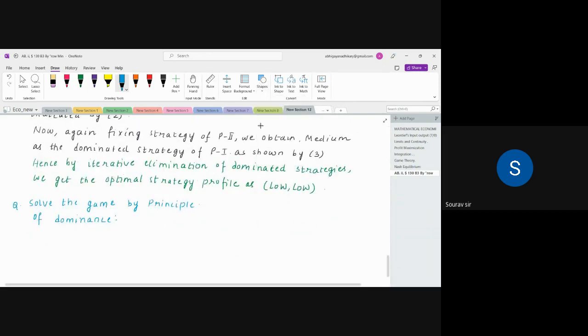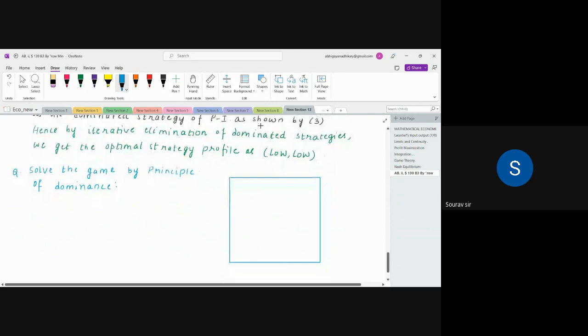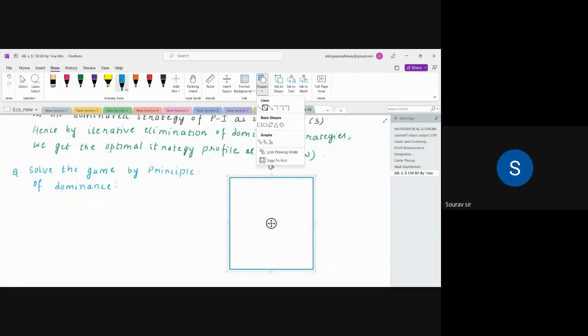So let us draw the payoff matrix. Player 2 will have 2 strategies.